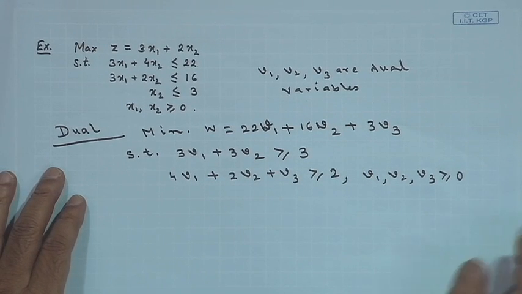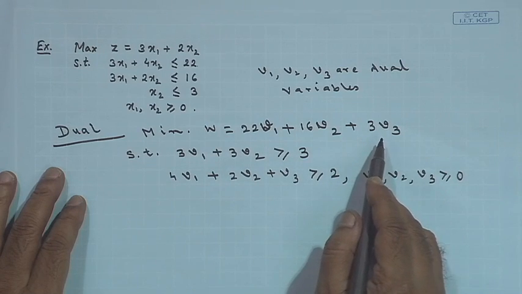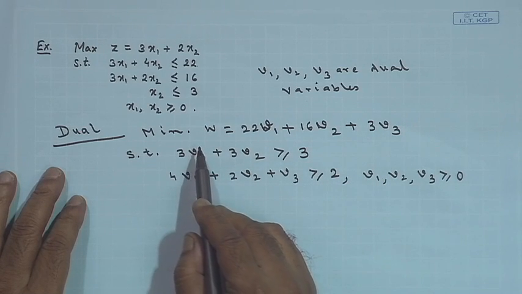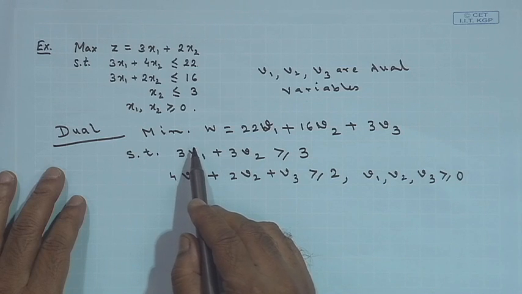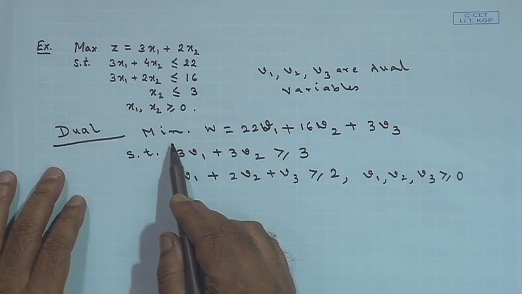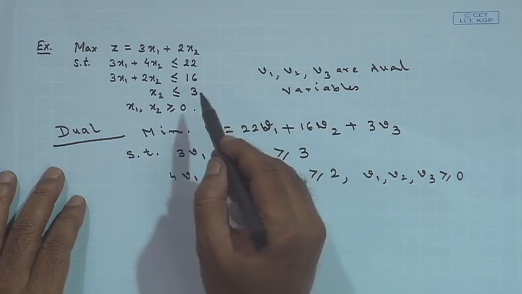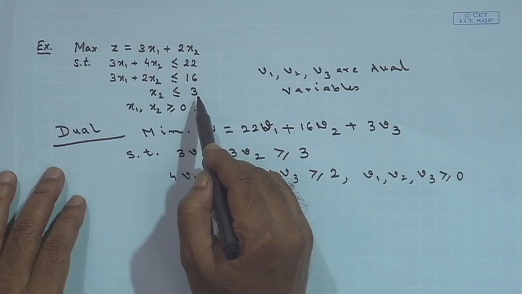I hope it is clear that whenever you are taking the dual problem, the maximization problem will be converted to minimization, and minimize W equals, how many variables will be there? It depends on how many constraints you have.